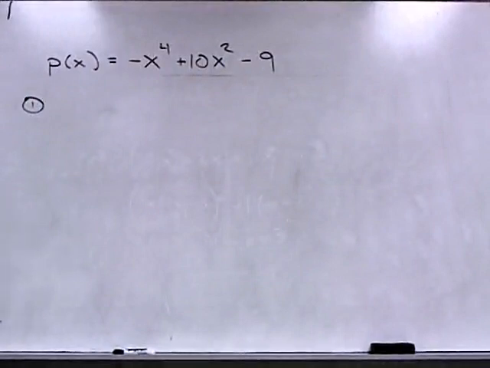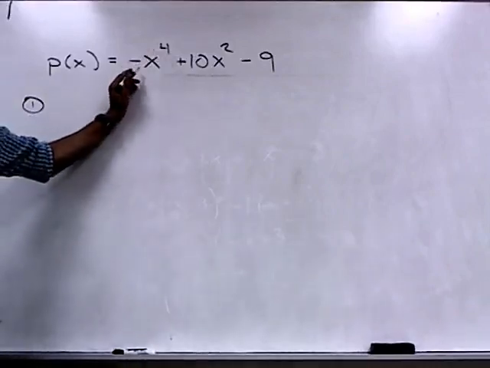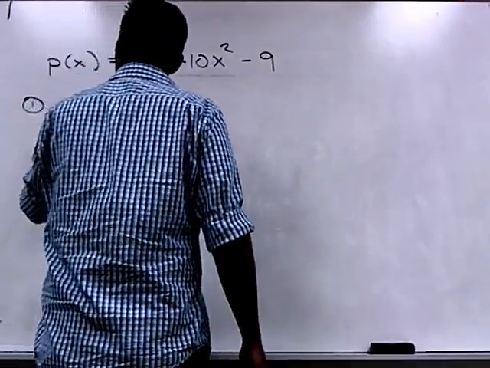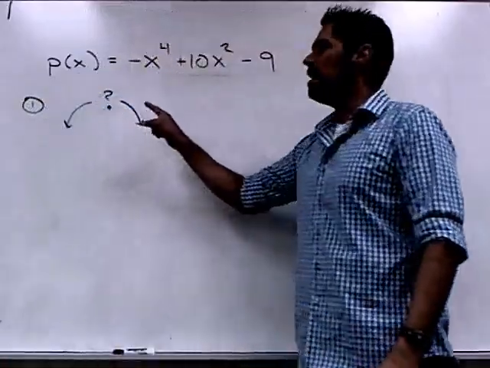Left, right behavior. What's my left, right behavior? Both of them down, right? You have an even degree, you have a negative leading coefficient. So down, down.